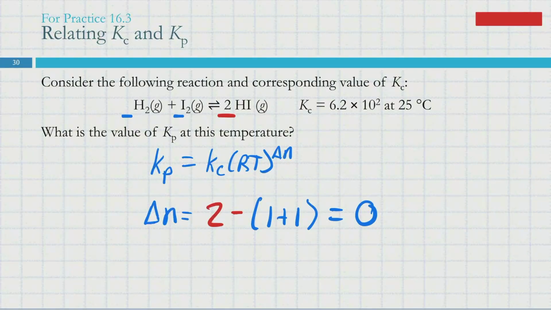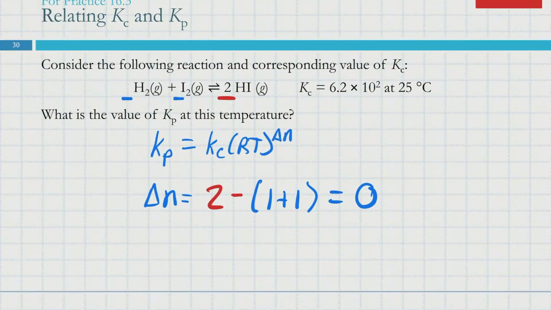So the difference in the number of moles is 0, and our Kp is the same as our Kc. So it's the 6.2 times 10 to the 2.